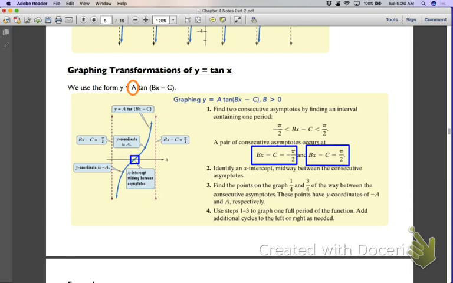So if it's a negative, you're actually going to be up top at a positive. If it's a positive, like it's going to be most of the time, you're going to go down to a negative on the left side. And then the right side, it is what it is. If it's a 3, if it's a 5, if it's a 1/2, you're going to go to that value, and then you're just going to connect your line and just draw a simple curve.